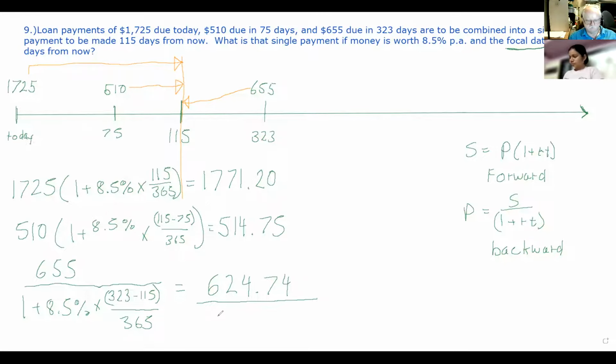So, yeah, that's the same answer I'm getting. 2910.69. So if they paid one bill, that's what they'd have to pay. So any questions before I save that screen and try the next one?